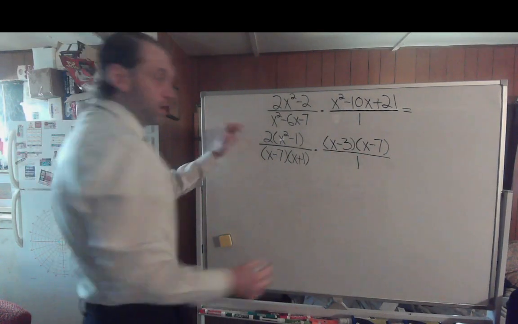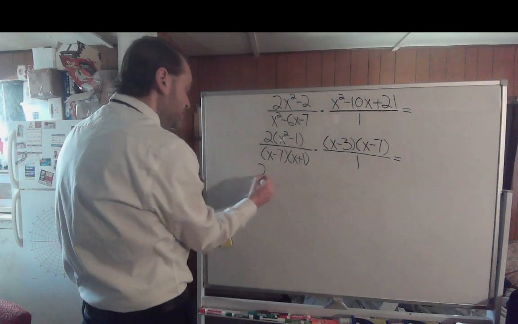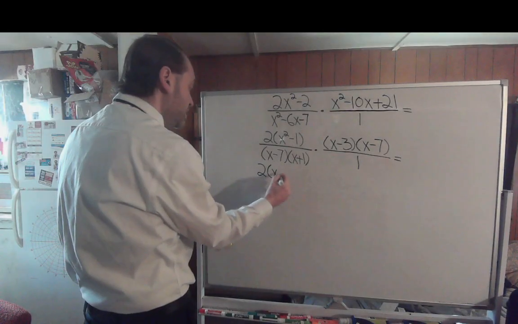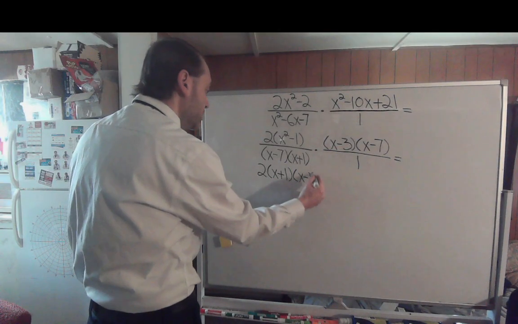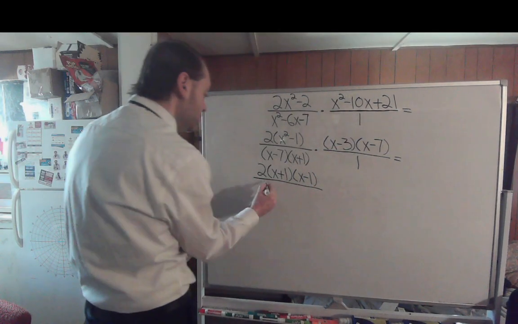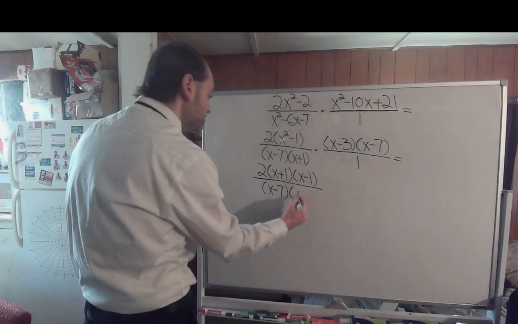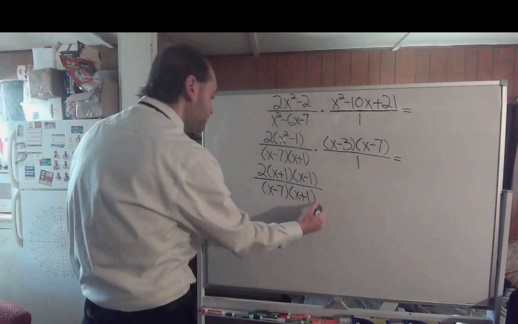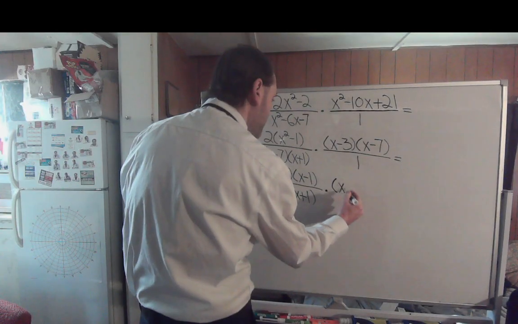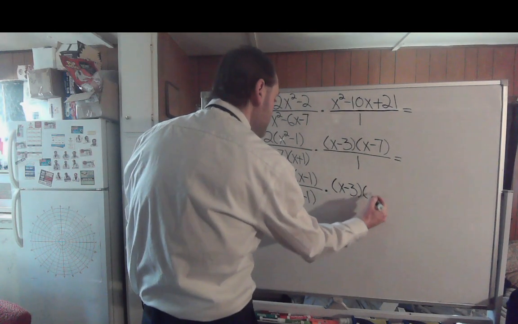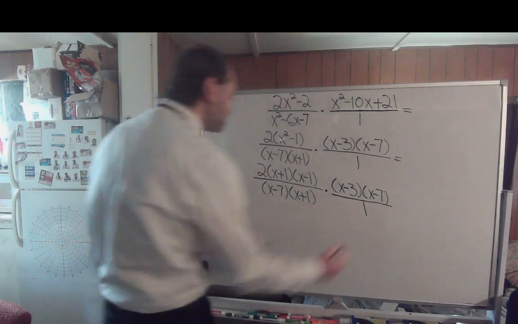Now that x squared minus 1 in the first term can factor even further. This would factor into 2 times the quantity of x plus 1 times x minus 1 all over x minus 7 times x plus 1. And then you would have your second term, which would be x minus 3 times x minus 7, all that divided by a 1.